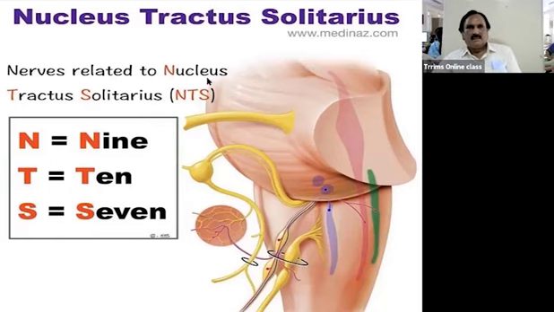So nucleus is the collection of the nerve cells, tractus because it is in the form of a tract, and solitarius because it is isolated, unconnected to other parts. And you should also remember here, N means ninth. Ninth is the glossopharyngeal nerve. You have 12 cranial nerves, out of which the ninth one is the glossopharyngeal nerve.